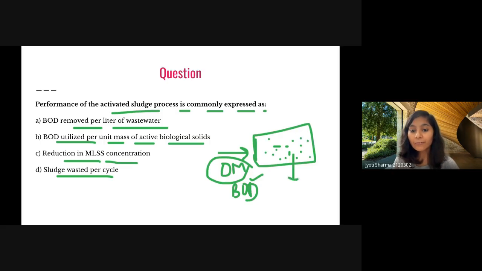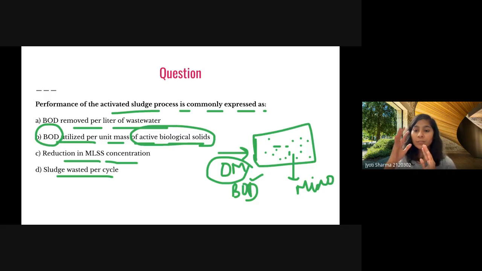So we also have to take into account the microorganisms. That's why whenever we are seeing the performance of this activated sludge process, first thing BOD and second thing your microbes. So how much BOD, and per mass of active biological solid that BOD has been removed. That's how performance will be analyzed.